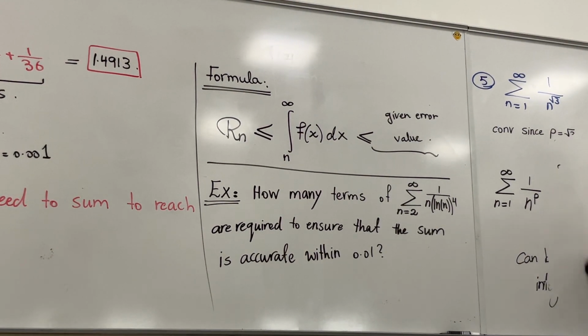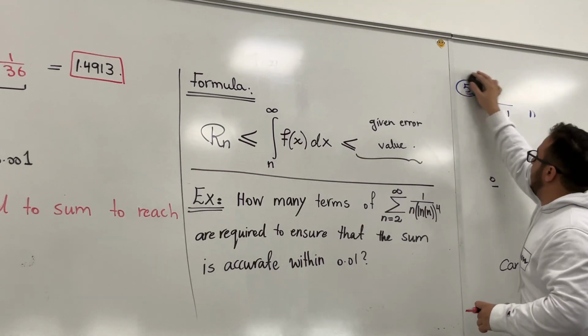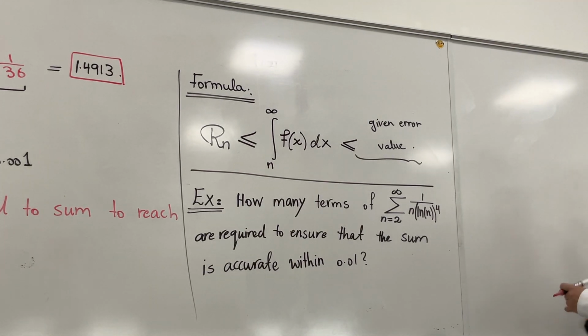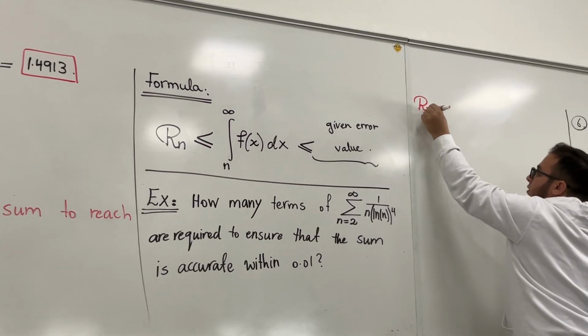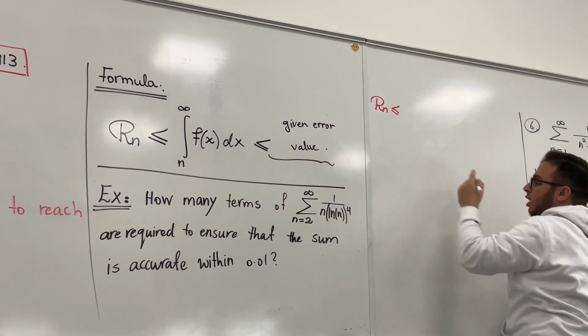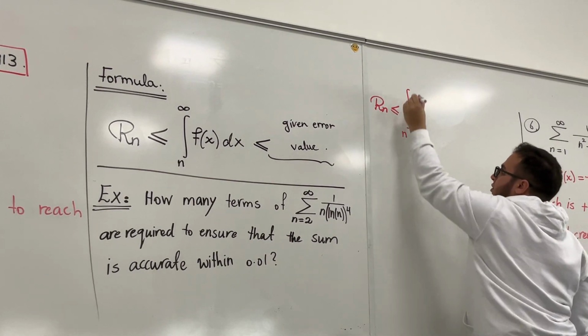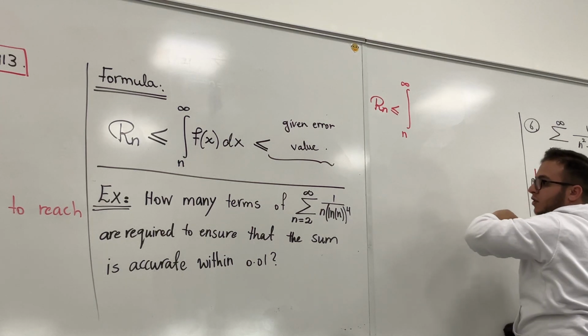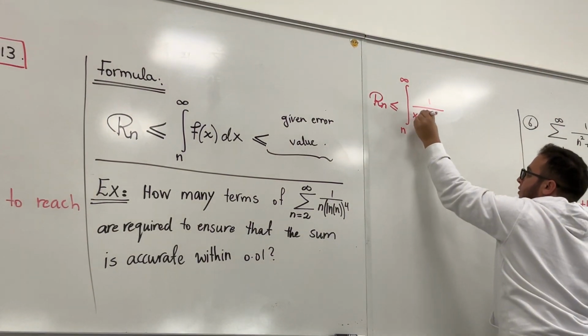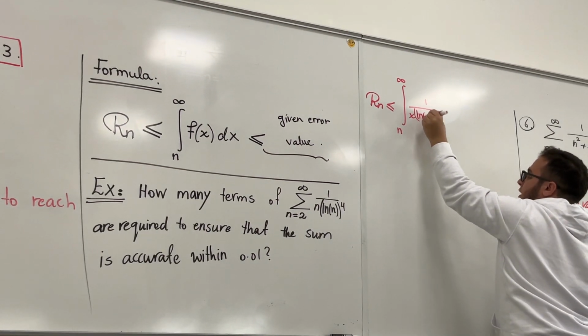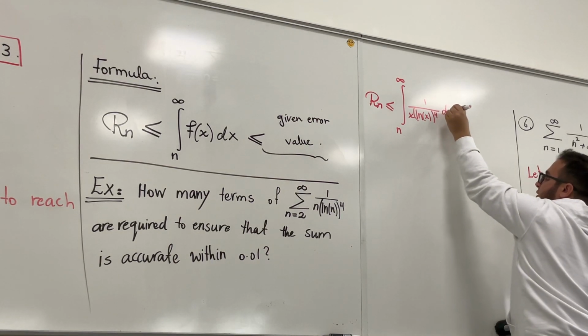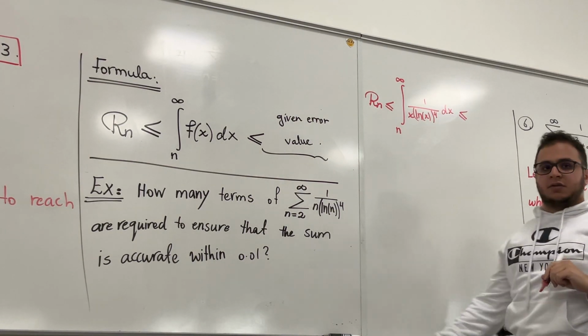So we're going to say the error value is less than or equal to the integral to infinity of the function 1 over x (ln x) to the power 4 dx, which should be less than or equal to what?